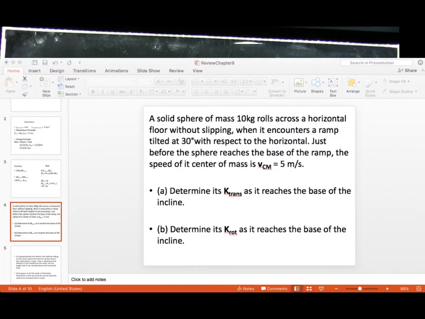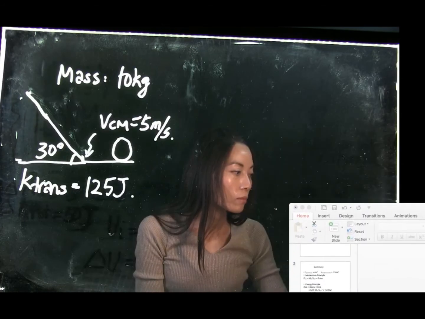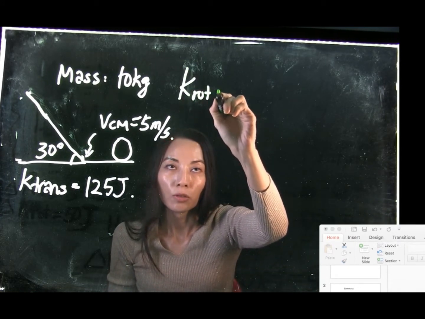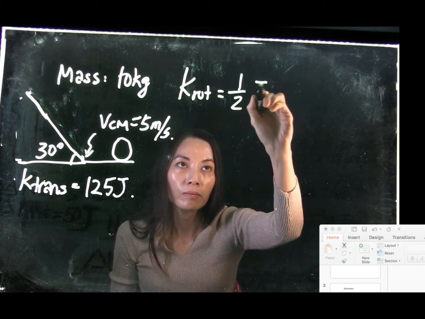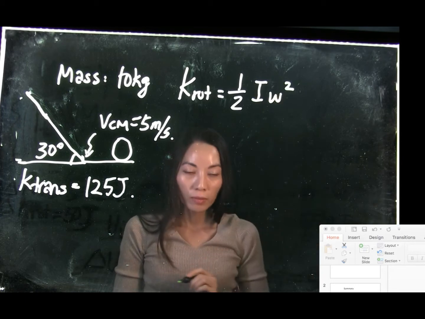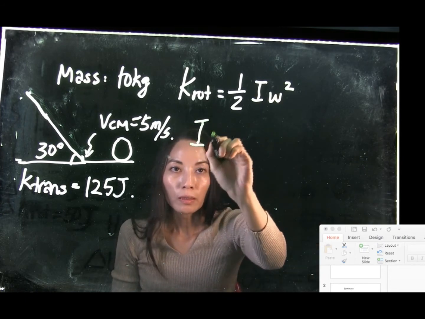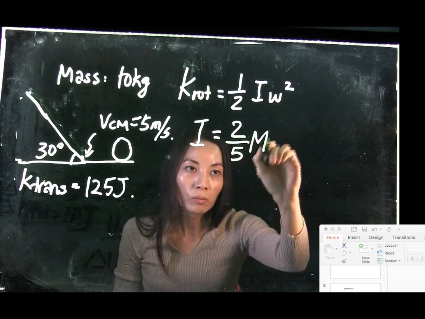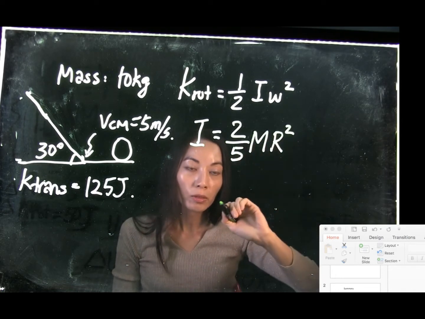The second part of the problem wants us to calculate the rotational kinetic energy of the sphere as it reaches the base of the incline. So we know that the rotational kinetic energy is half times the moment of inertia and the square of the angular speed. For a sphere, we have the moment of inertia of 2 over 5 times the mass and the square of the radius of the sphere.